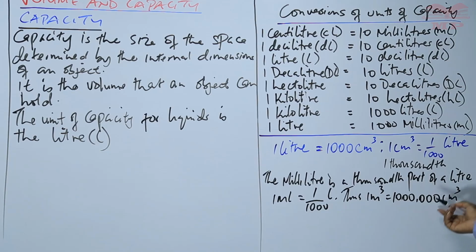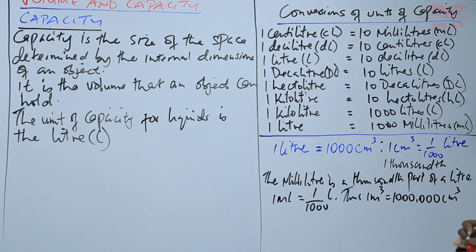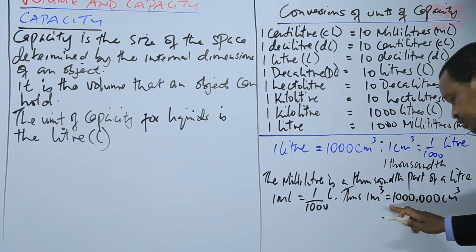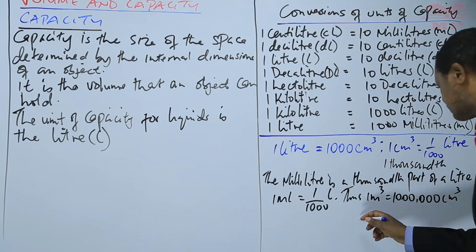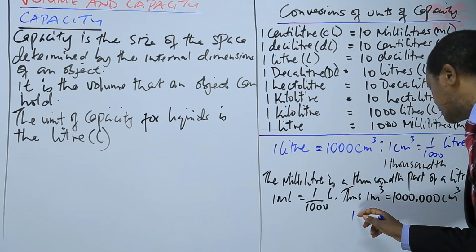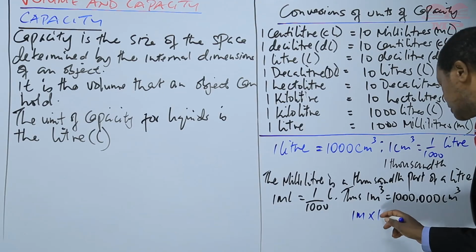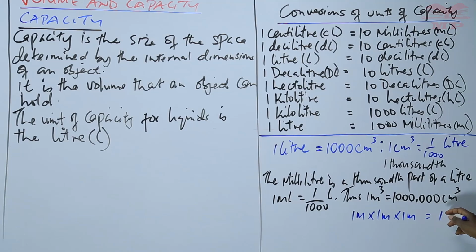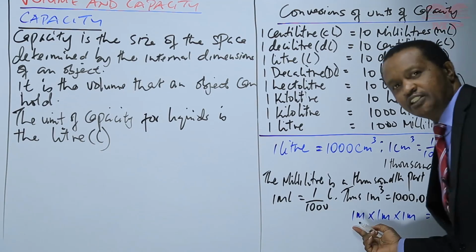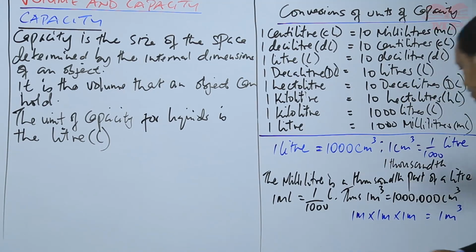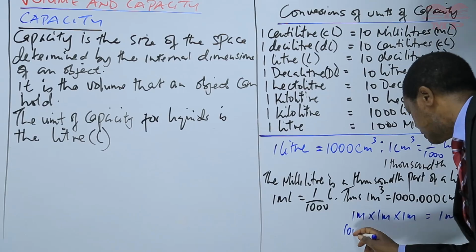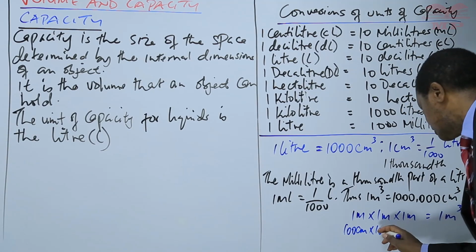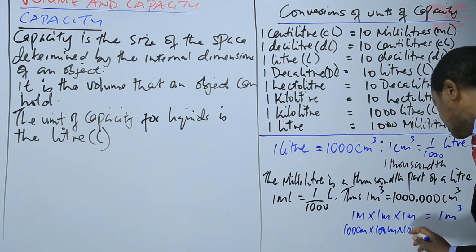1 million cubic centimeters, because remember, just to expound on this, we said that 1 meter times 1 meter times 1 meter is equal to 1 cubic meter. 1 times 1 times 1 is equal to 1 cubic meter. And we know 1 meter is equivalent to 100 centimeters. So we'll have here 100 centimeters times 100 centimeters times 100 centimeters.